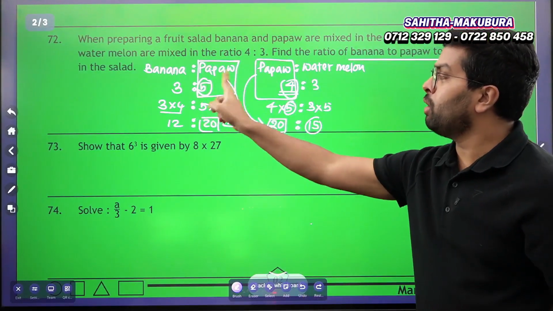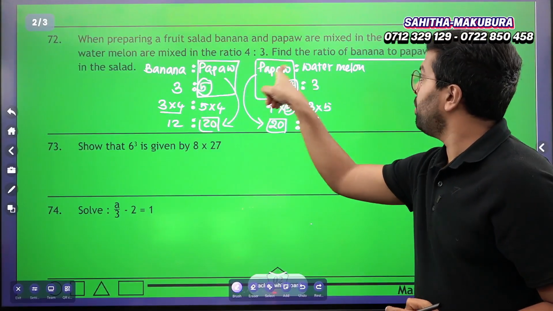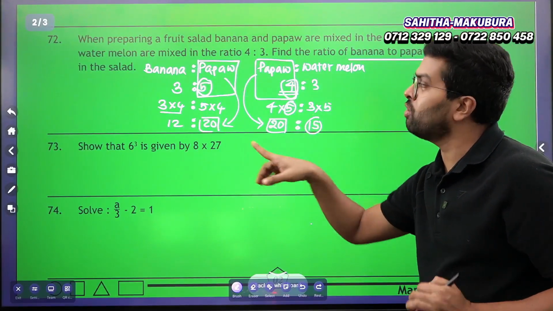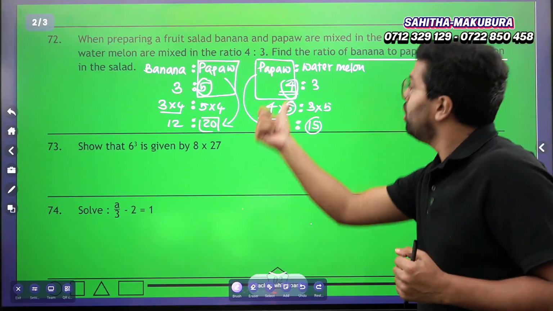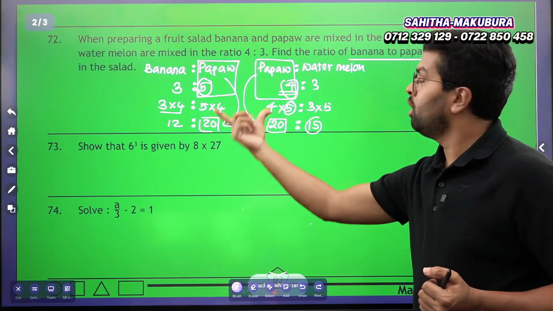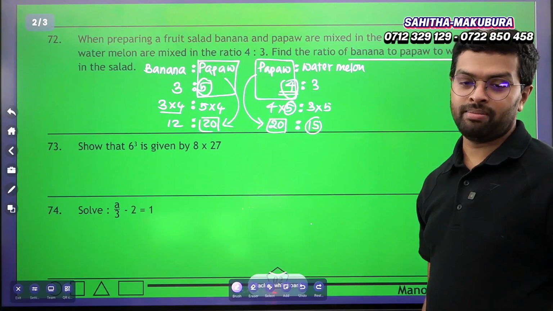Now banana to pepper is 12 to 20. Pepper to watermelon is 20 to 15. So what is banana to pepper to watermelon? 12 to 20 to 15. Clear?